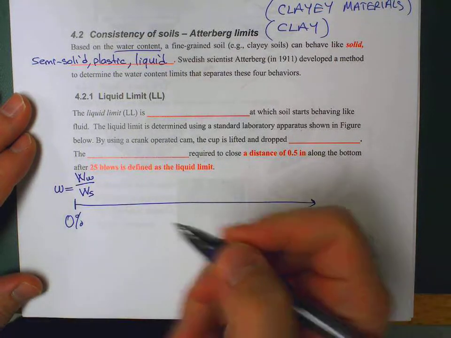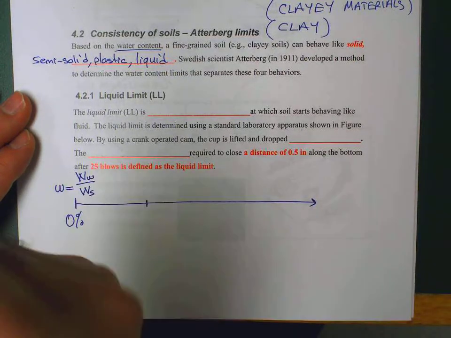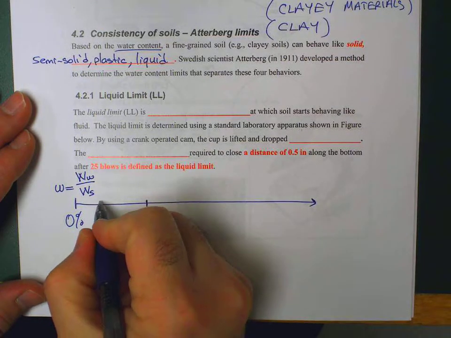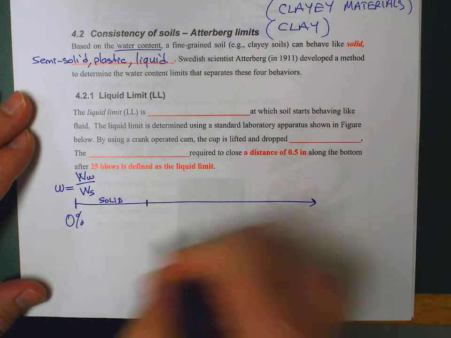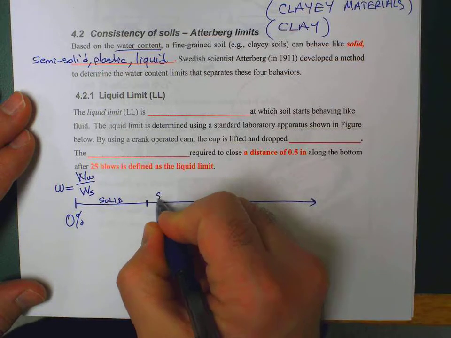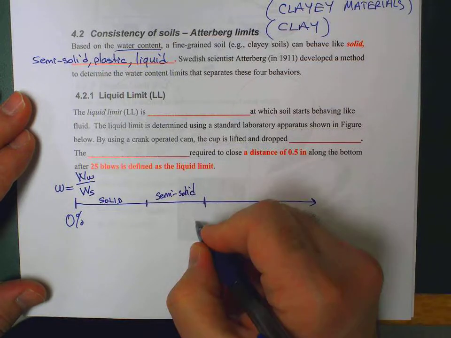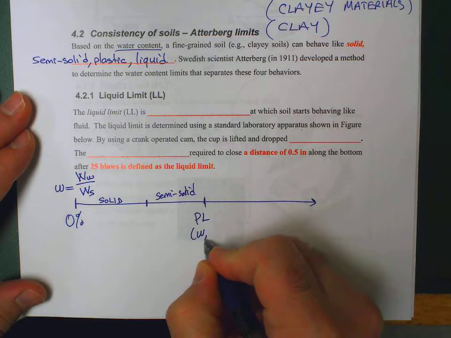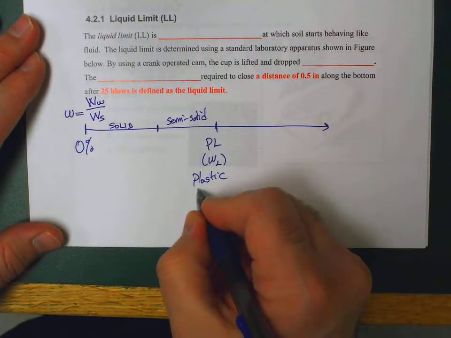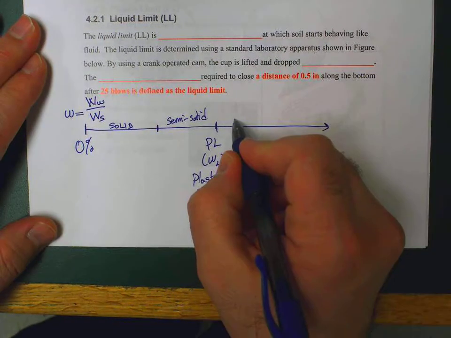So let's say it's 0%, pure dry clay. For dry clay, if it's really densely compacted, it will act like rubber. I brought the pieces last week. So it will be like a solid until a point. So let's say semi-solid, and then at the plastic limit, W sub P, it will transition from solid or semi-solid to plastic.